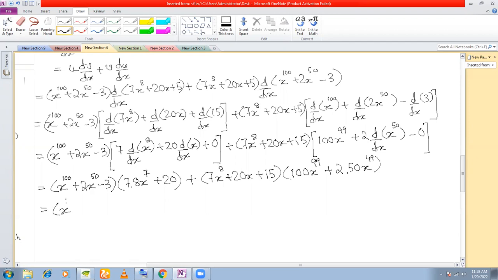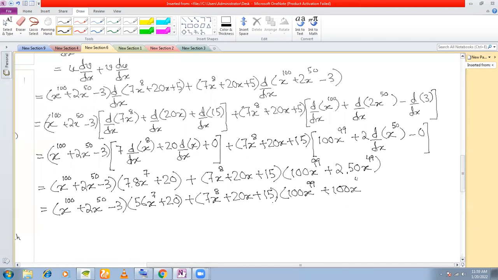So you are getting ultimately x to the power of 100 plus 2x to the power of 50 minus 3 into 56x to the power of 7 plus 20, plus 7x to the power of 8 plus 20x plus 15 into 100x to the power of 99 plus 100x to the power of 49. Okay. Now you can leave your answer as it is.